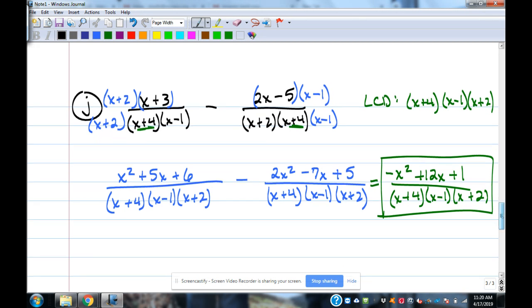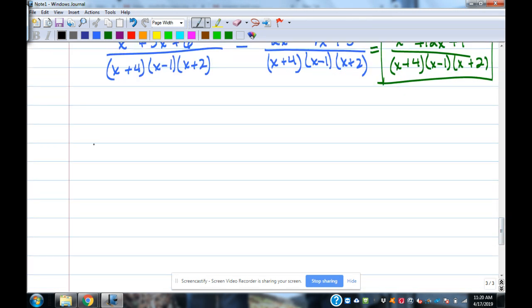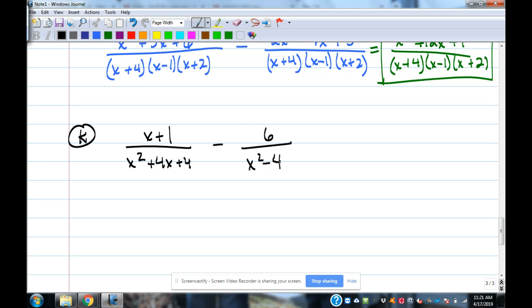All right, let's look at K. So we had x plus 1 over x squared plus 4x plus 4 minus 6 over x squared minus 4.